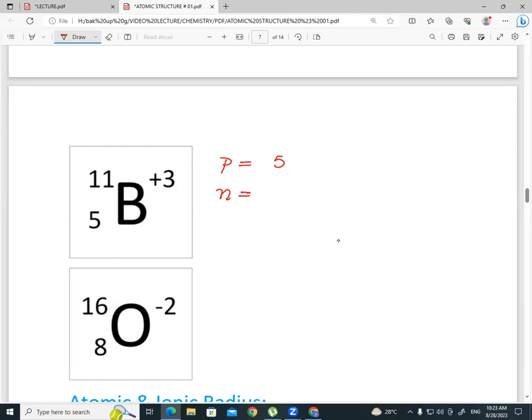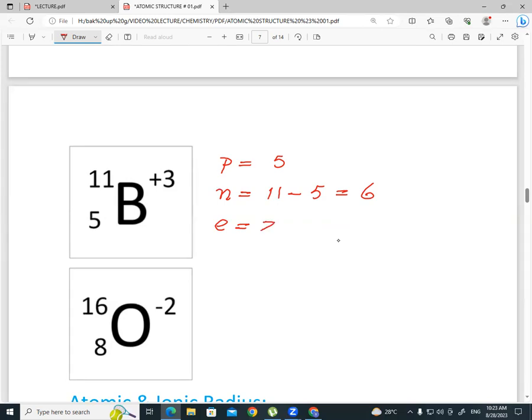The mass number here is 11, and subtracting the atomic number gives 6. Now for the number of electrons, because boron here is a charged particle, we subtract the charge from the atomic number.